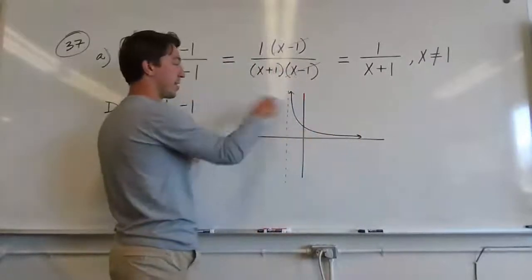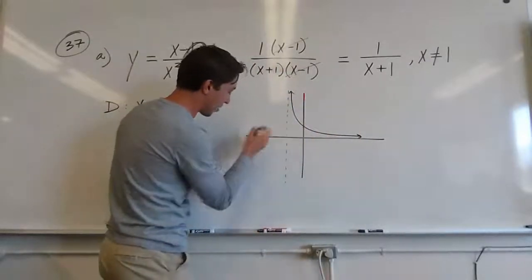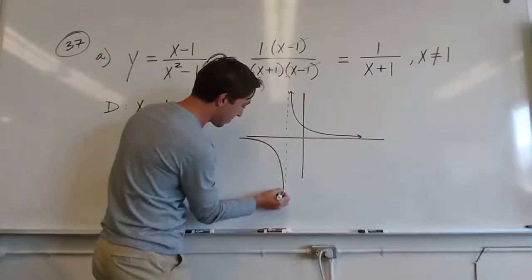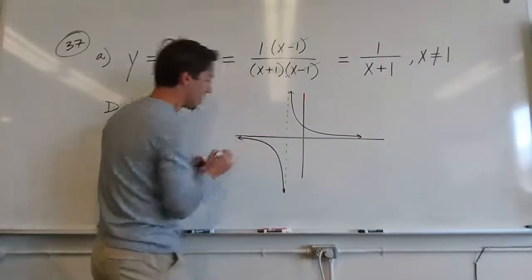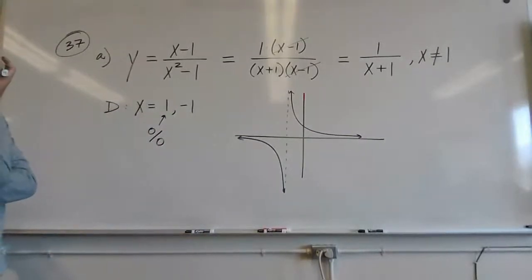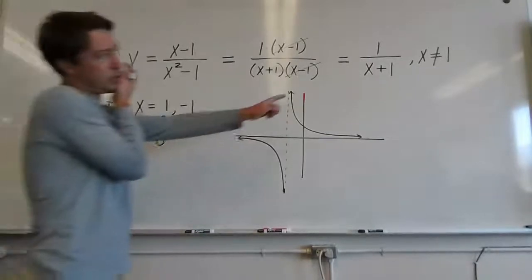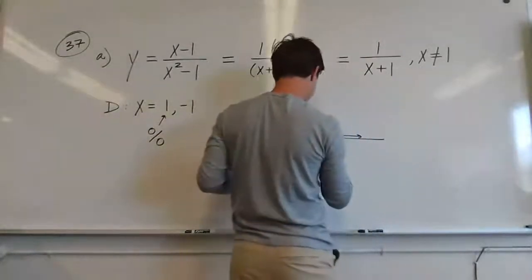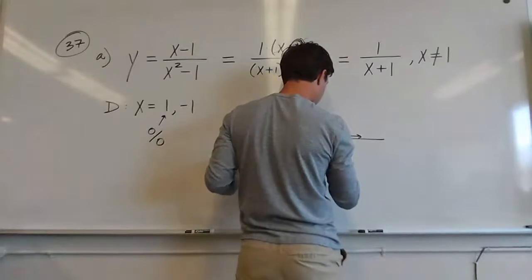You pen users are going to want to be careful on this one, so I'm going to have to go back and fix that. I switched the pencils. So there's my graph, but there's a problem. There's a rule here that says x can't be 1. So that's where the hole is.